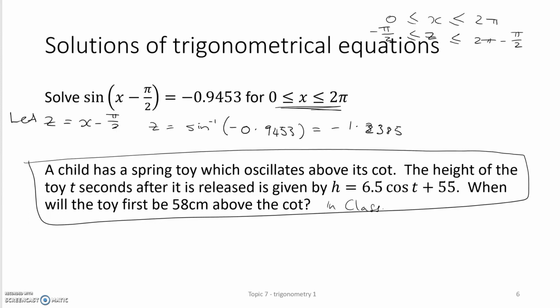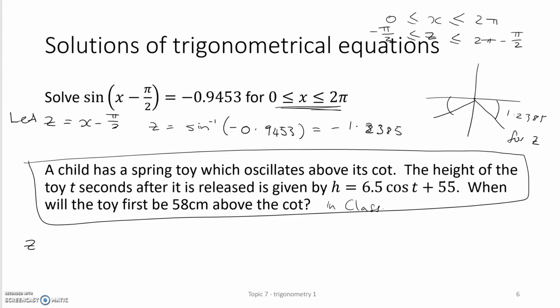So what we need to do, well, sine is negative in the 4th quadrant and the 3rd quadrant, so this angle here has to be 1.2385 for z. The same in here, it's got to be for z.